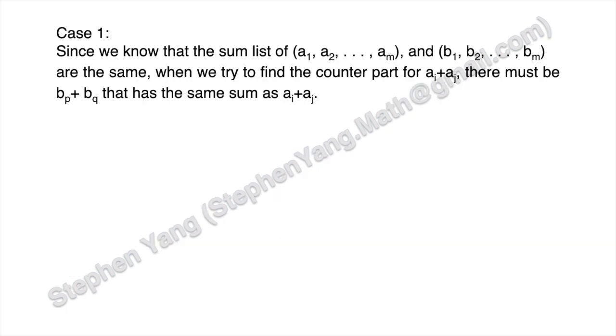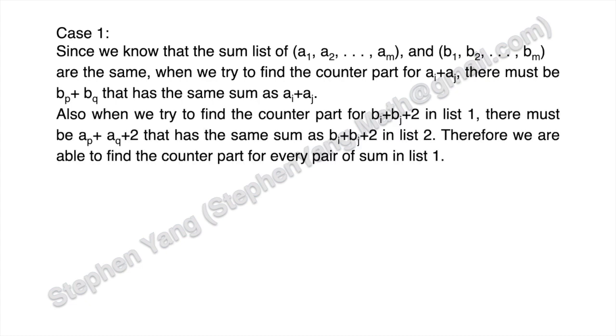And in case 1, since we know that the sum lists of A1, A2 until AM, and B1, B2 until BM are the same, when we try to find the counterpart for ai plus aj, there must be bp plus bq that has the same sum as ai plus aj.